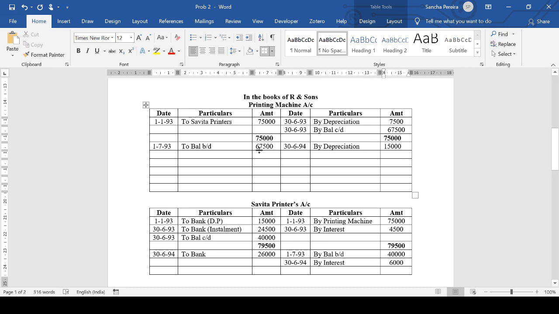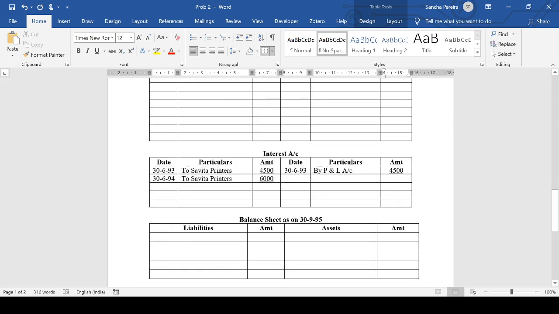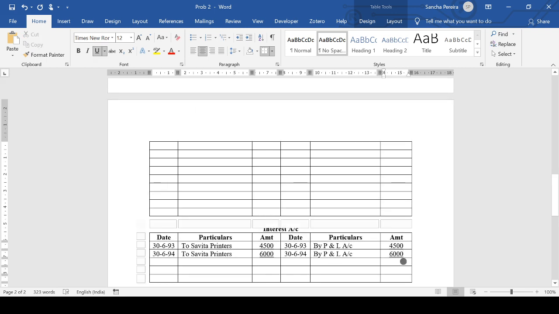The last thing is to transfer the depreciation and the interest to the profit and loss account. Since we don't have a separate depreciation account, this entry will feature only in the interest account. So whatever interest we had at the end of the second year, we transfer to the profit and loss account. Just the same amount of 6,000.